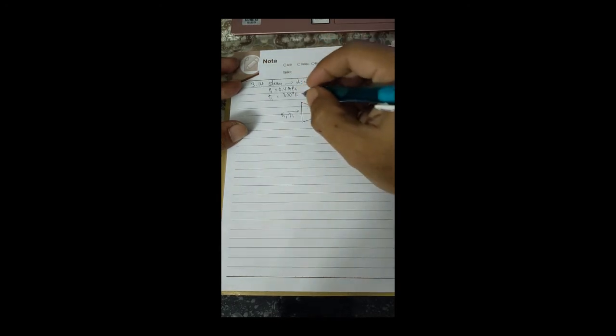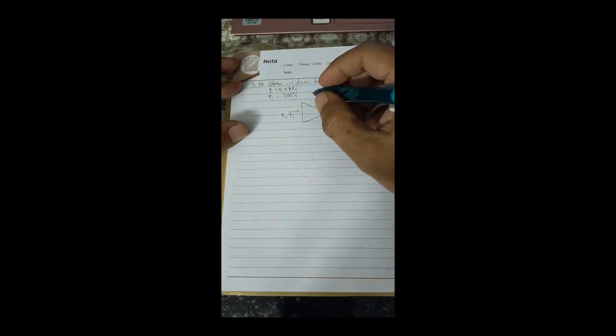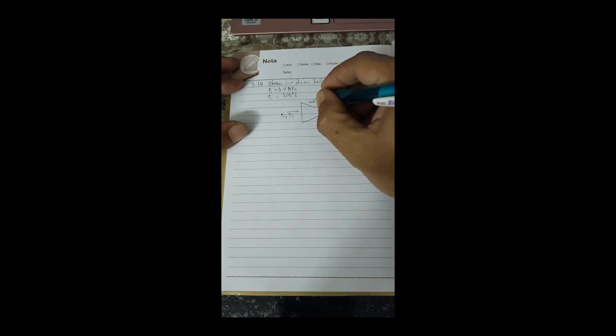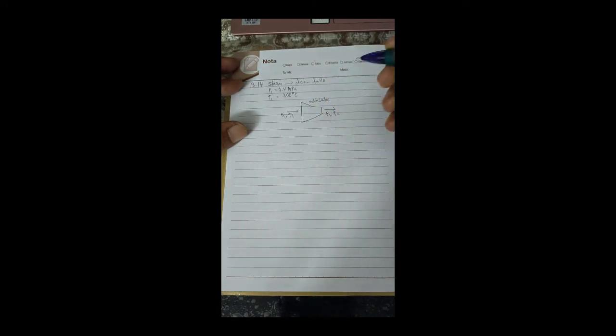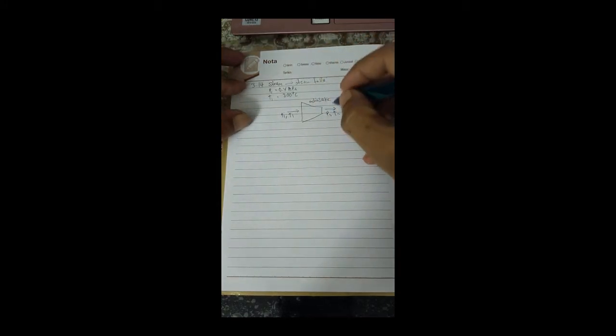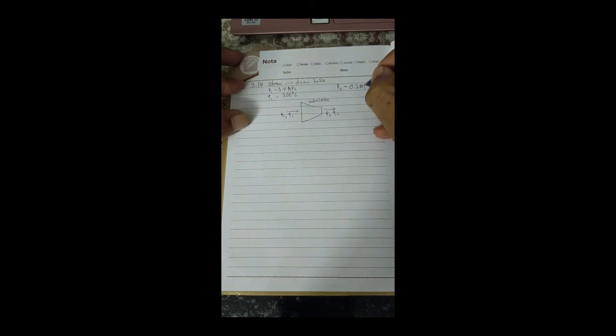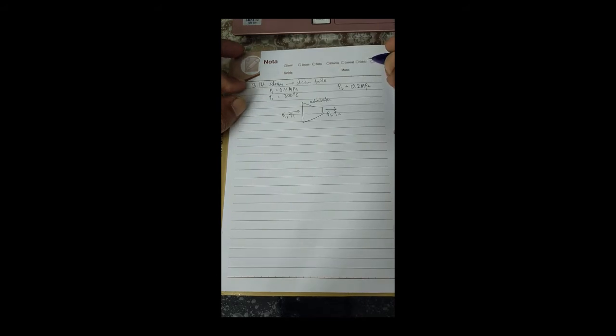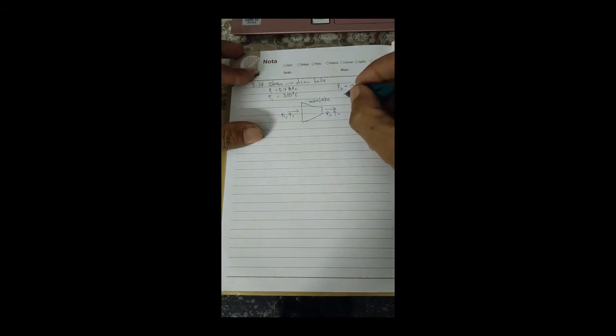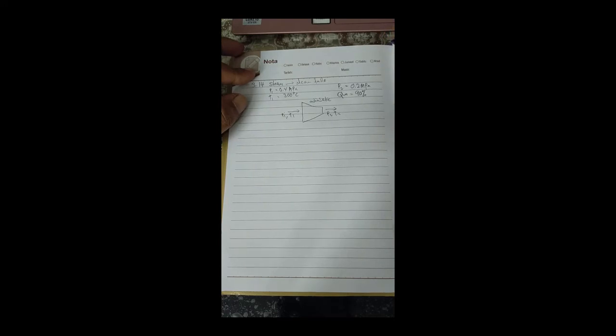Also the nozzle is adiabatic, and P2 is 0.2 MPa and quality is 90%. So this is the general information given.